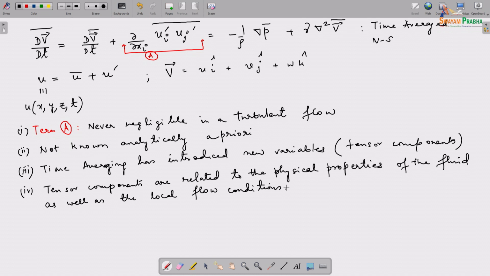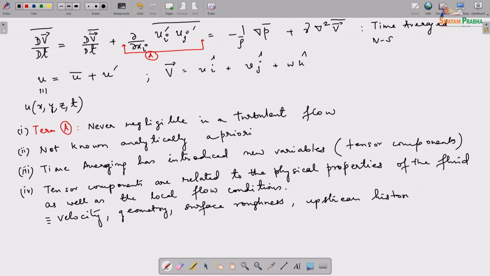So essentially we are talking about local flow conditions, say velocity, geometry, surface roughness, and also important, history.